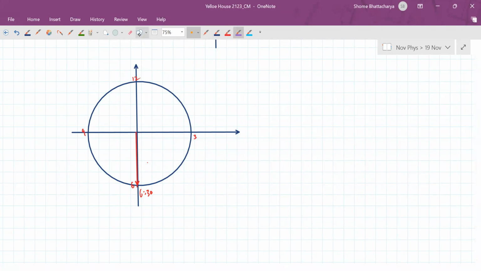Whereas at 7:10, the minute hand would be here, pointing to what we call 1 o'clock. So you know that this angle would be 30 degrees.